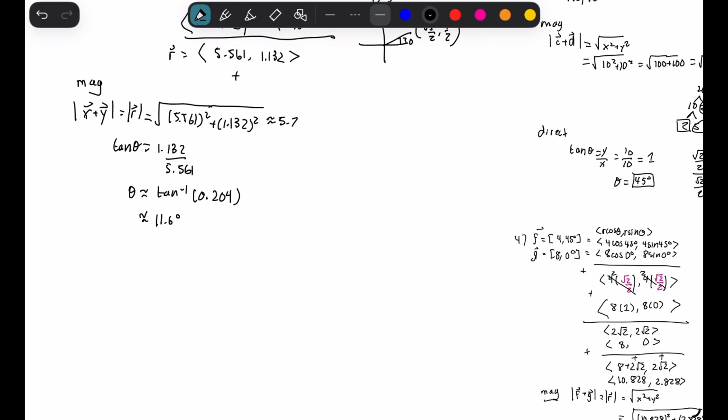We know that we have positive x, positive y. Therefore, we are in Q1, so that's the right direction.